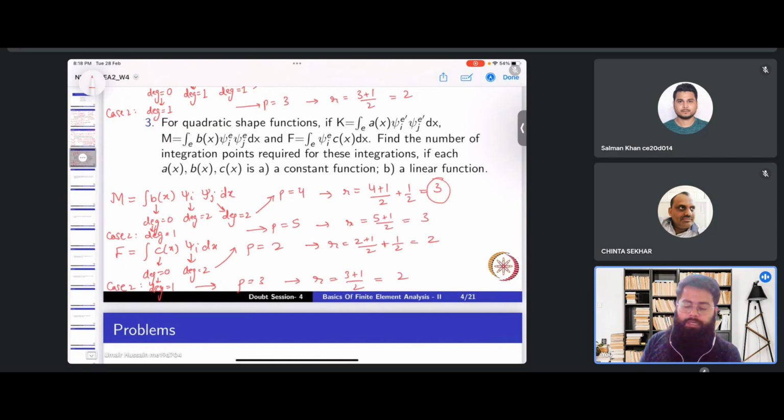If we increase the degree by 1 more, now it will change. The number of integration points would be 1 more than what we got in these two cases, right? I hope this was clear. If there's any doubt, you can ask now.